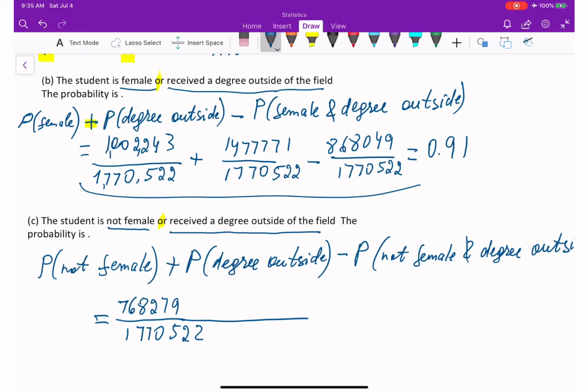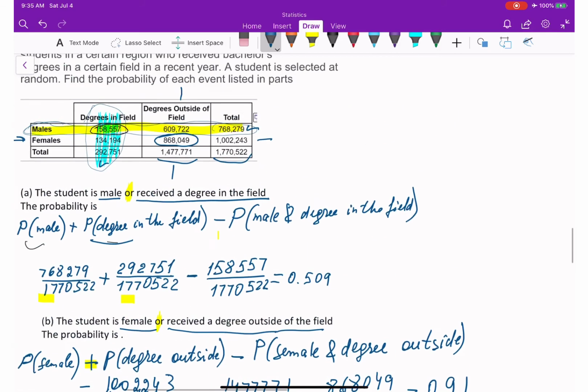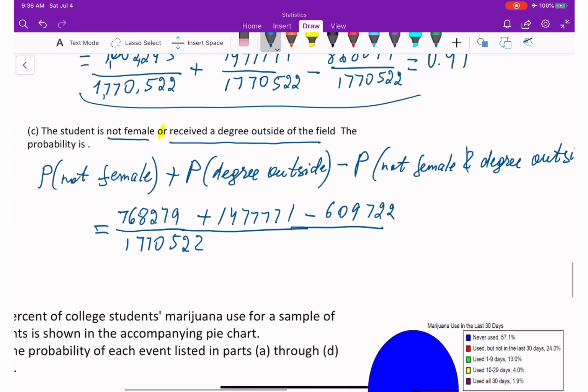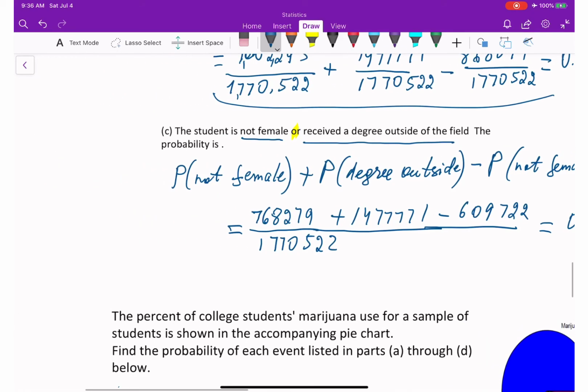So 768,279 plus degree outside, which is 1477771, and minus 609722. Let me go up here. Male and degree here. Okay? And if you put these numbers together, you are going to get 0.924. All right. Next one.